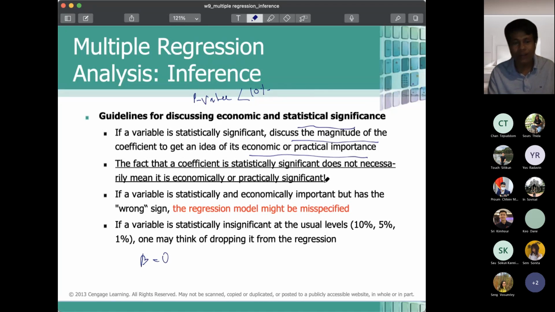If it's close to 0, there is no economic significance. But again, we can only interpret coefficient only if there is no endogeneity, there is no omitted variable bias, there is no violation of zero conditional mean assumption, right?